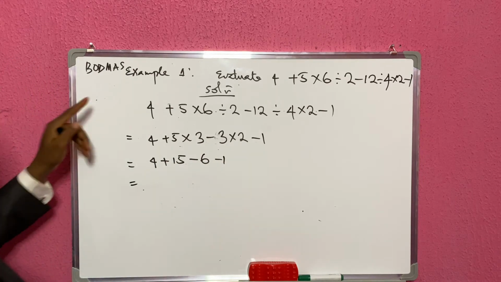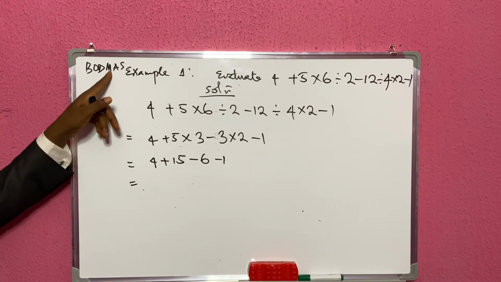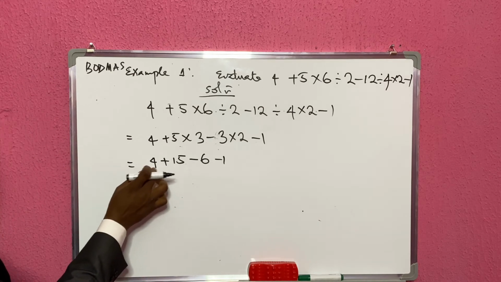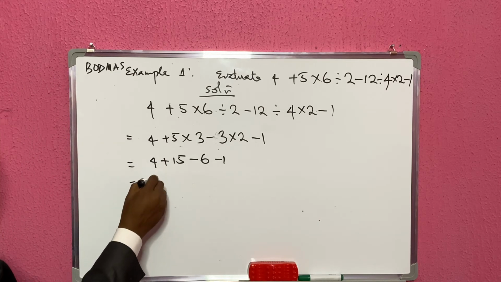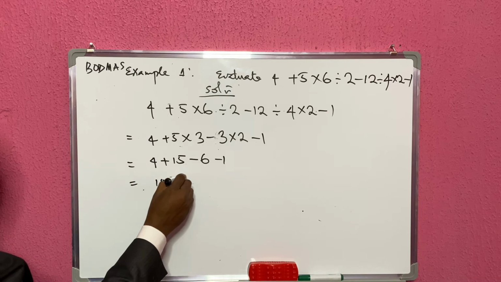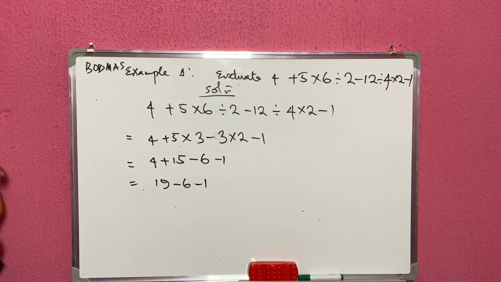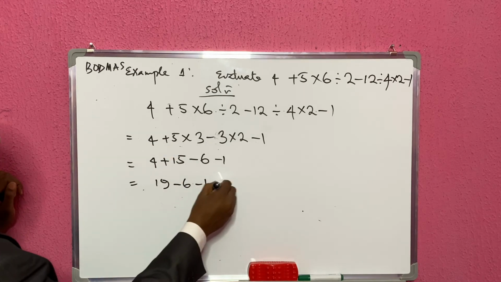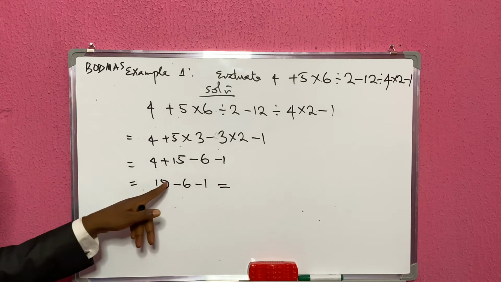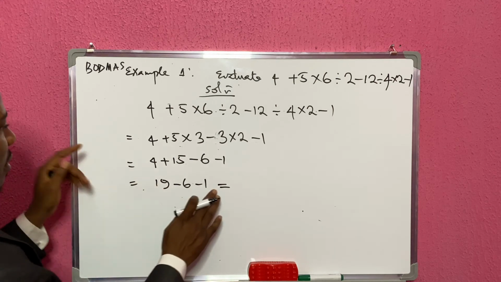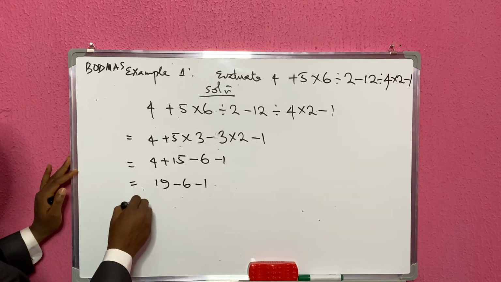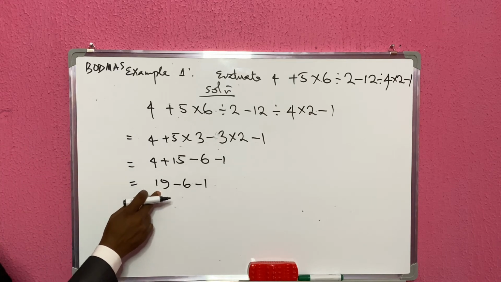What is next? Addition. 4 plus 15 is 19, minus 6, minus 1. Then the final answer becomes 19.